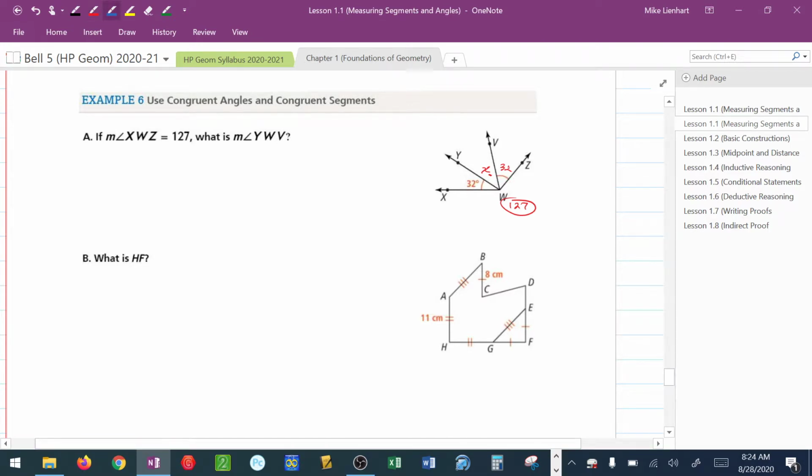So I'm going to say 32 plus X plus 32 has to equal 127. When I find X, that's going to be the missing angle. So X plus 64 is equal to 127. Subtract 64, I get X is equal to 63, which is the measure of angle YWV.